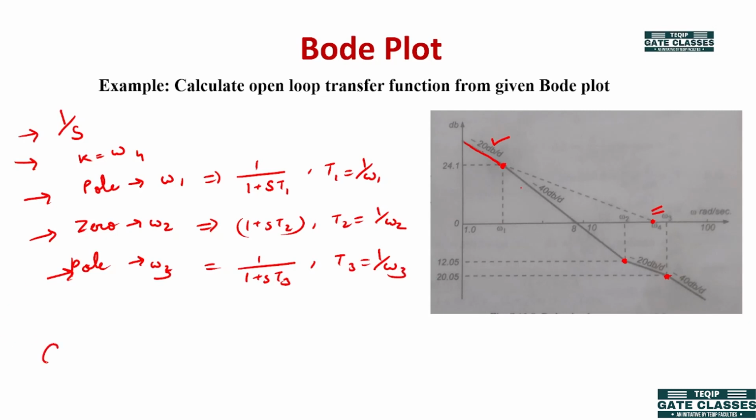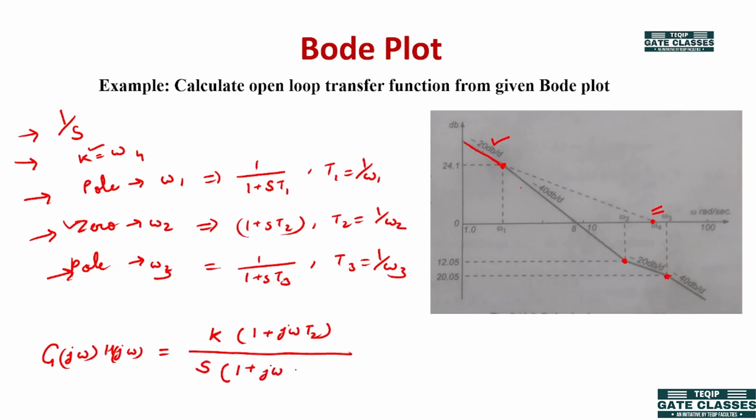So we have a transfer function of the form K into 1 plus j omega T2 upon this one. This is the zero, this is K. Okay, a pole at origin s, then a pole 1 plus j omega T1 and a pole 1 plus j omega T3.